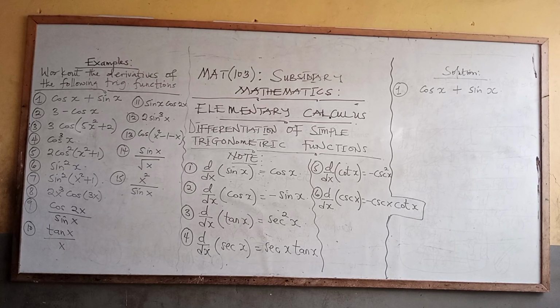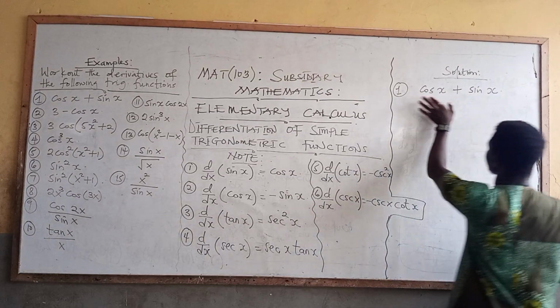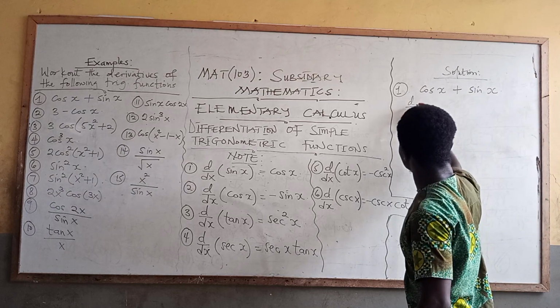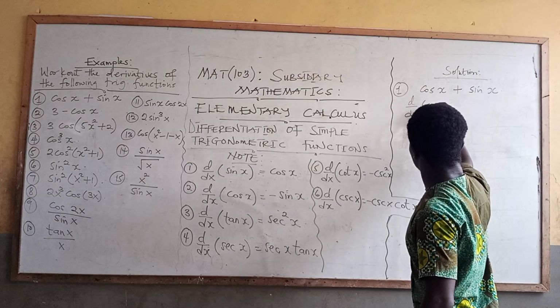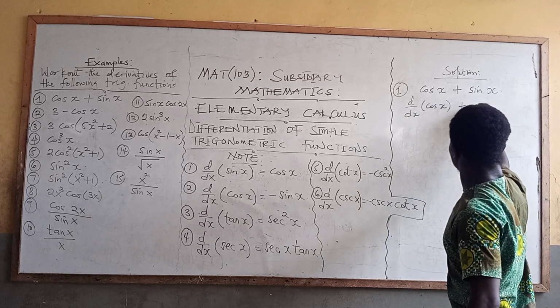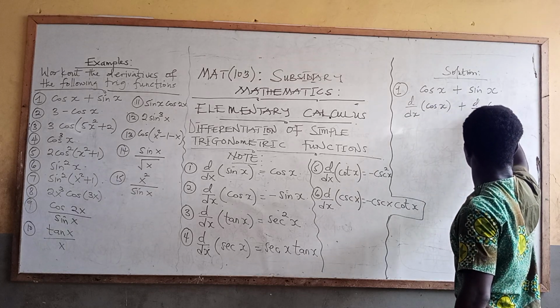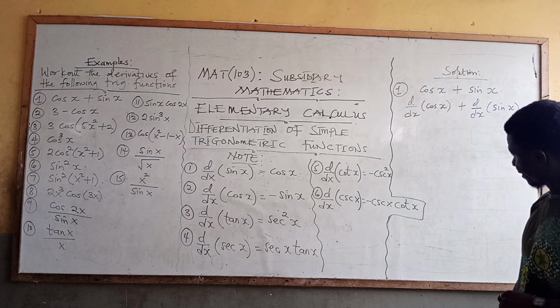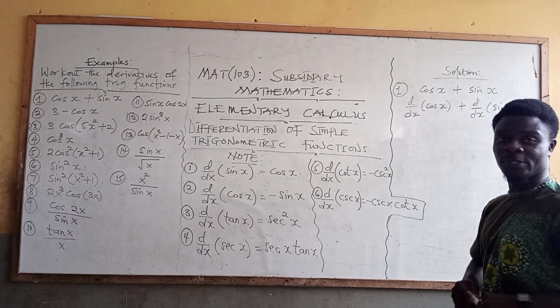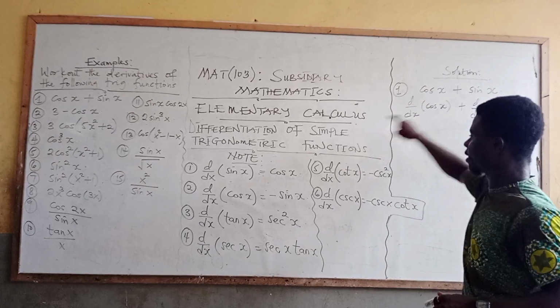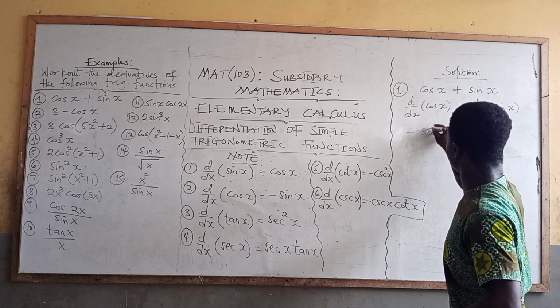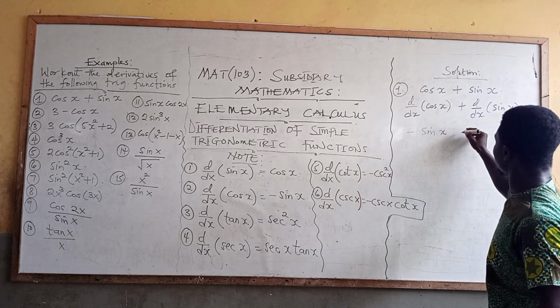You can see that we have 2 terms here, so we differentiate it term by term. So I have dx of cos x, then plus dx of sine x. Now, when you differentiate cos x with respect to x, you get minus sine x.